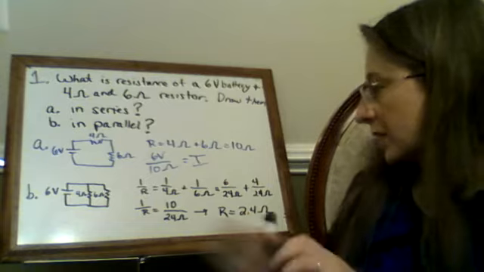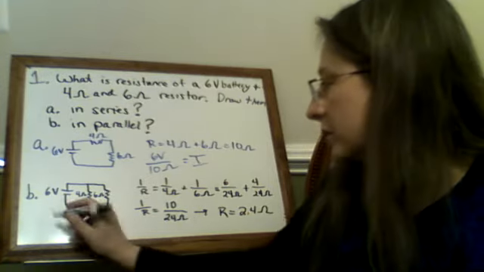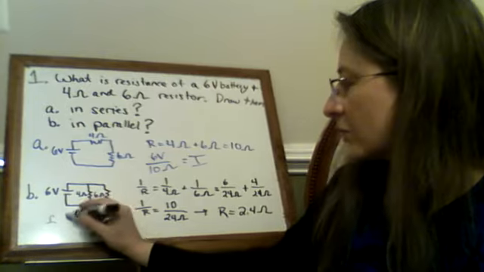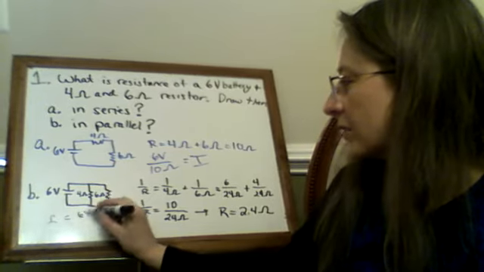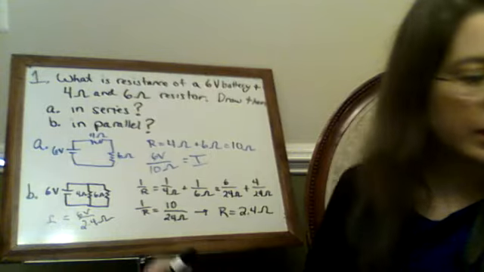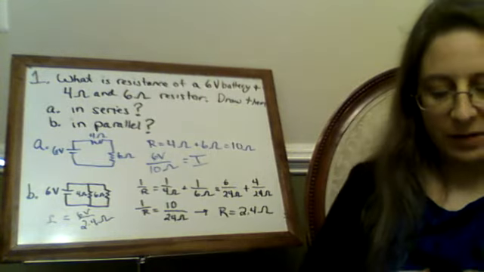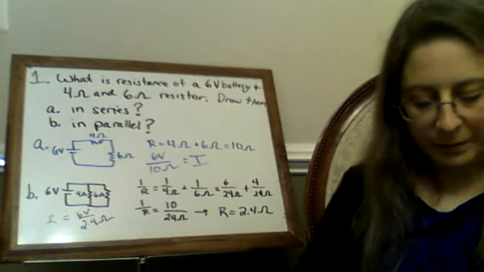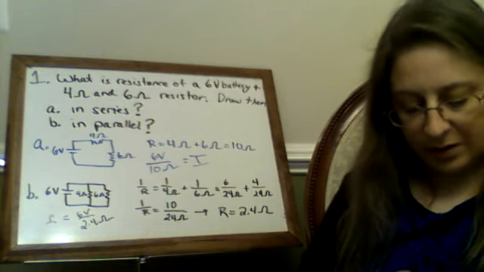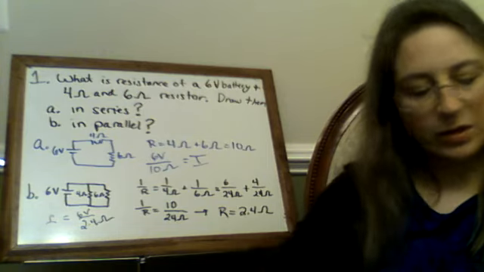And then if we did it down here, we would say current is 6 volts divided by 2.4 ohms. And I would need a calculator for that. Let's see what we've got. 6 divided by 2.4 is 2.5.